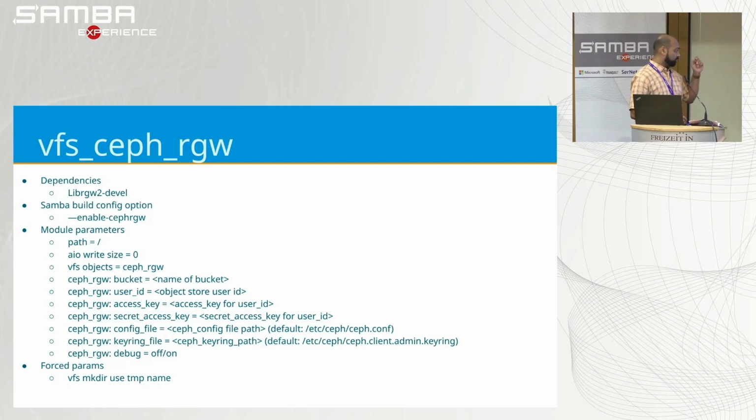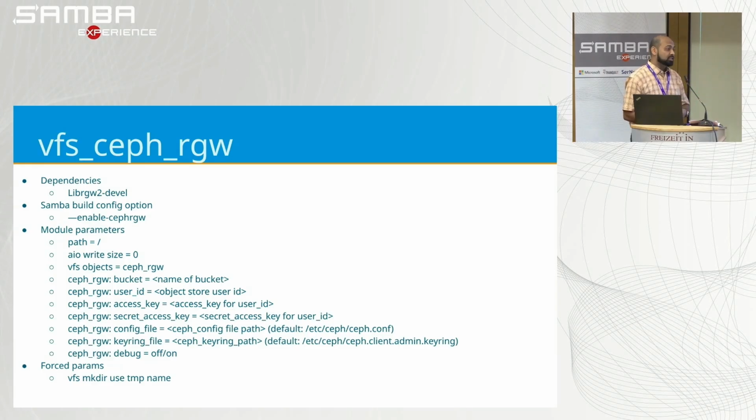And librgw also provides something called debug support on its own, where if you turn it on, it will dump all the content into log.smbd, or rather whatever log your binary is running with while linking to it. And we also use a force parameter in the module, which is vfs mkdir use tmp name.